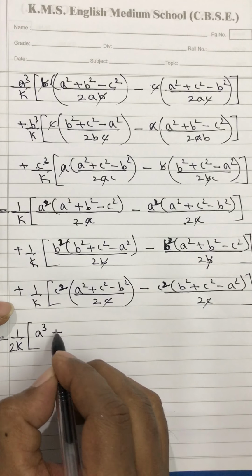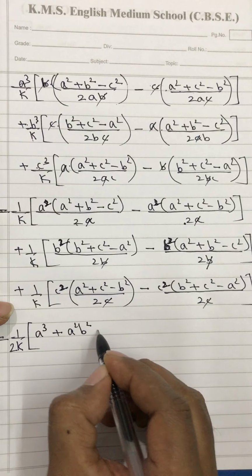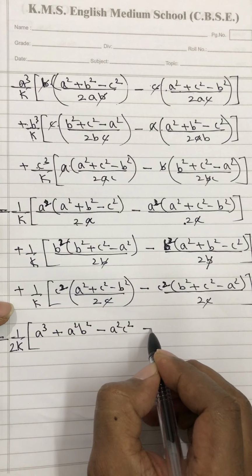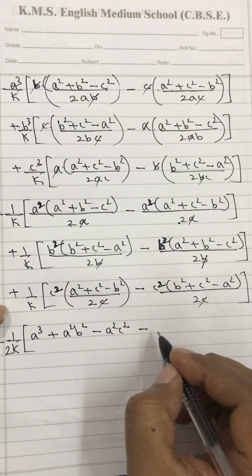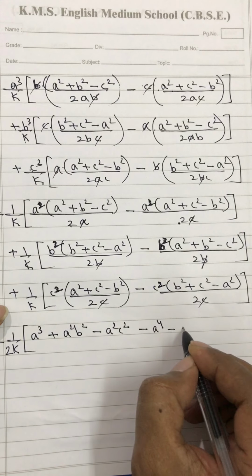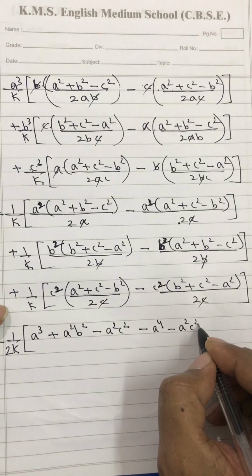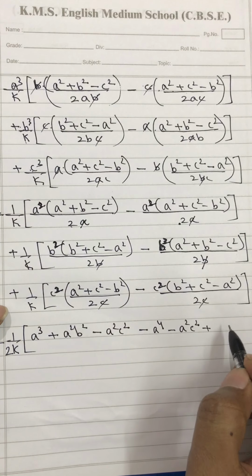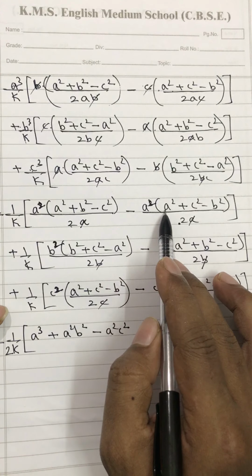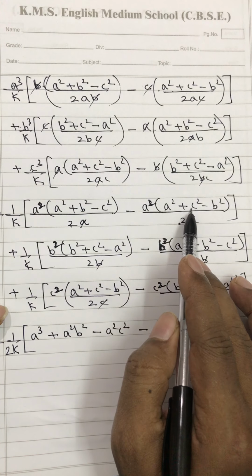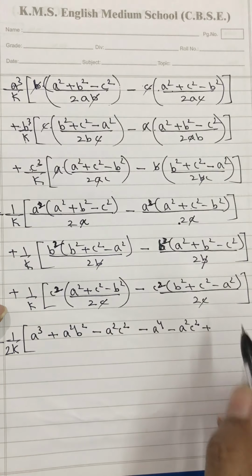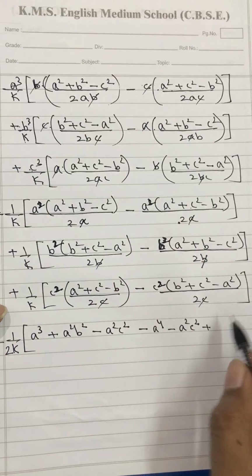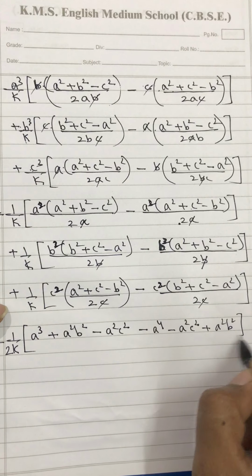A cube plus a square b square minus a square c square minus a raised to the power of 4 minus a square c square, plus a square b square.